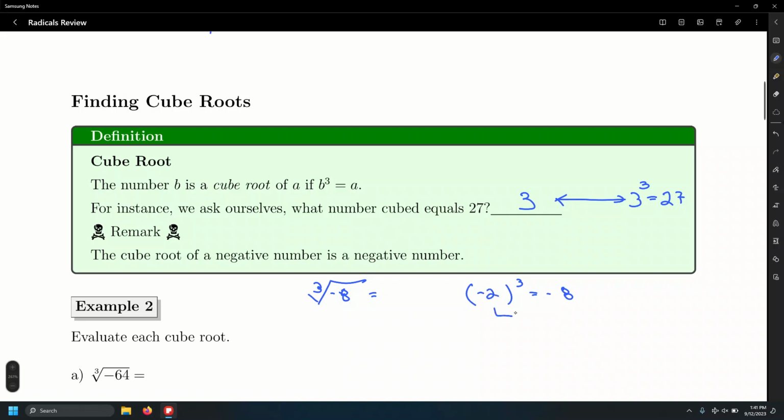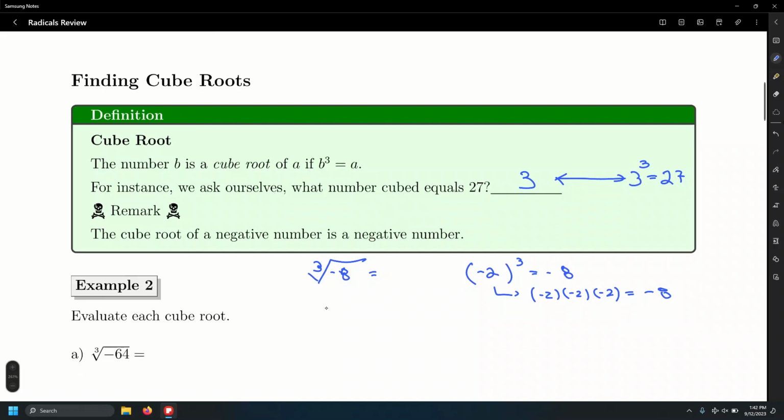That's because this is negative 2 times negative 2 times negative 2. So in this case, we will be multiplying 3 negatives. Negative times a negative is positive, times a negative is negative 8. However, what if I wanted to think of the same process for the square root of negative 4? All right? Is there a number whose square equals negative 4?